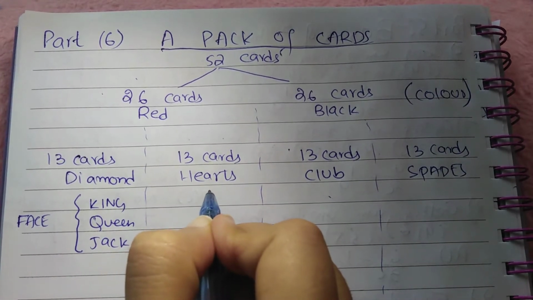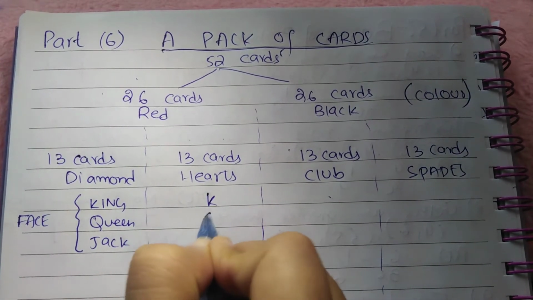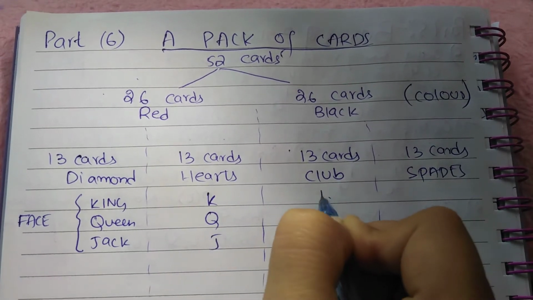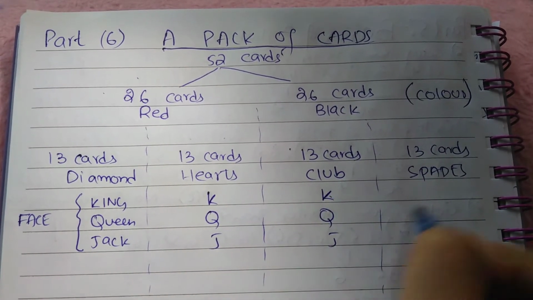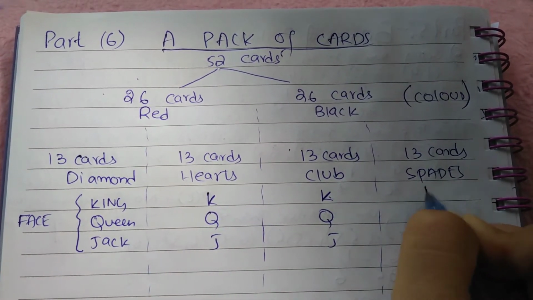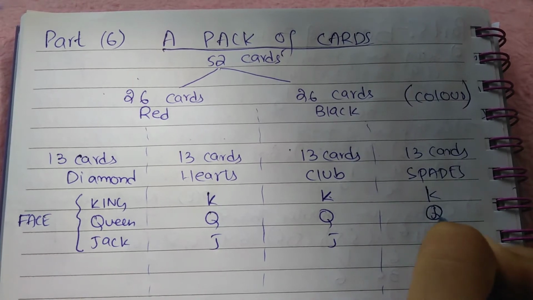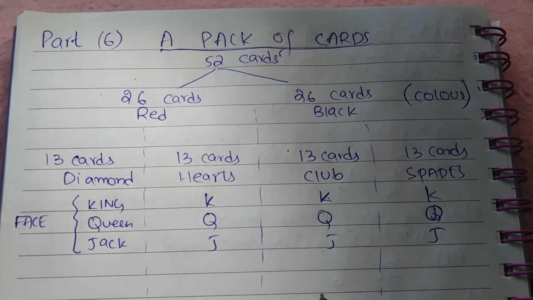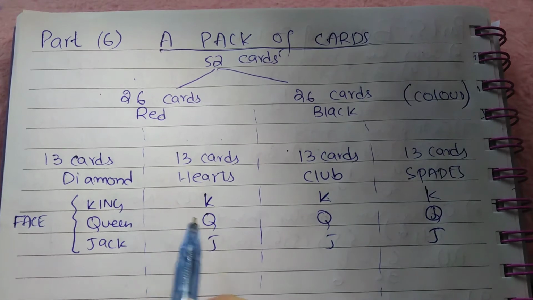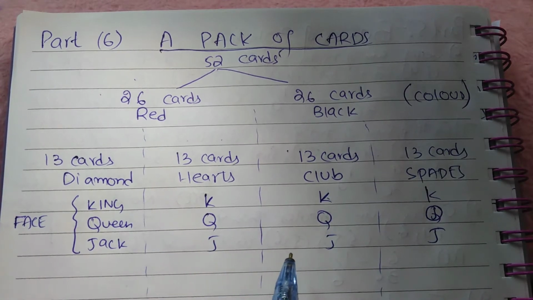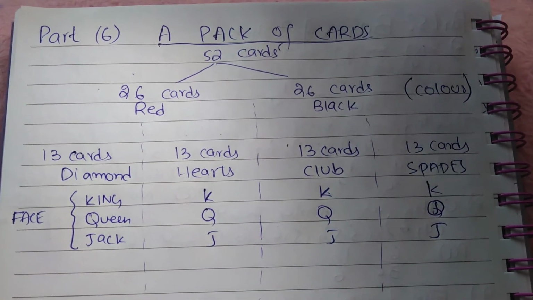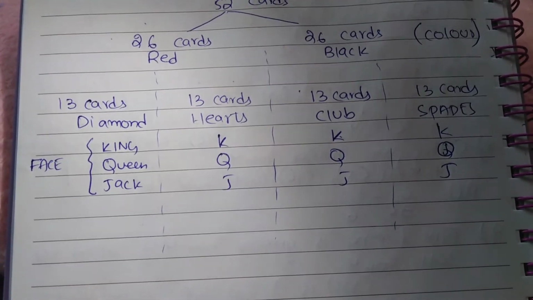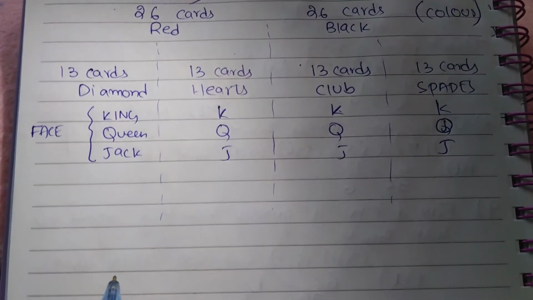Similarly, in hearts there are king, queen and jack; in clubs, king, queen and jack; in spades, king, queen and jack. These are the face cards in diamonds, hearts, clubs and spades. The remaining cards are non-face cards.